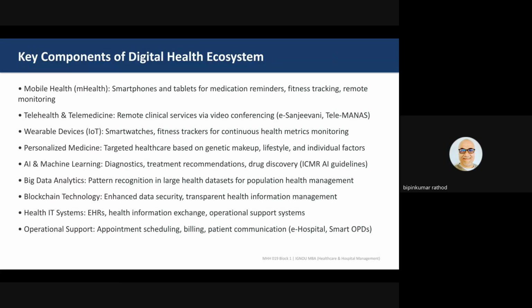It is a gamut of services, tools, applications, and players that are creating the digital health ecosystem. Here you see the key components listed in front of you on the slide, and we will elaborate further on each digital health ecosystem component.